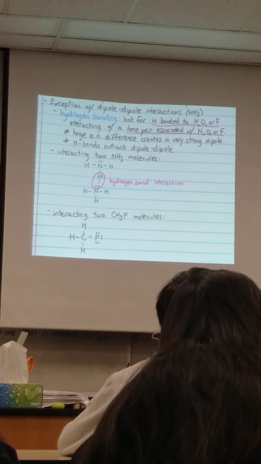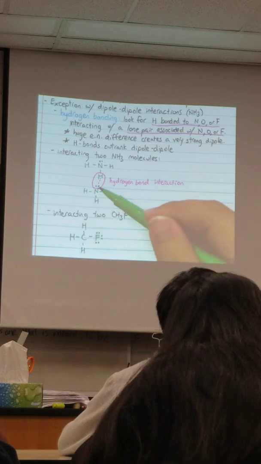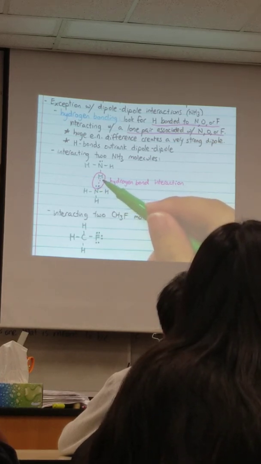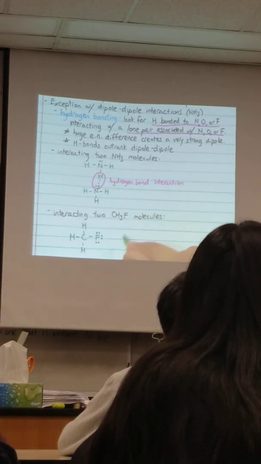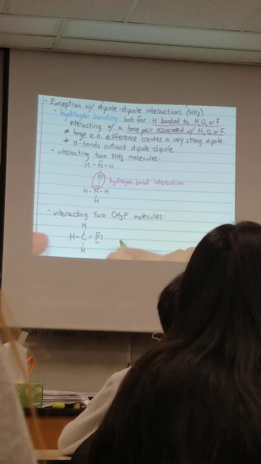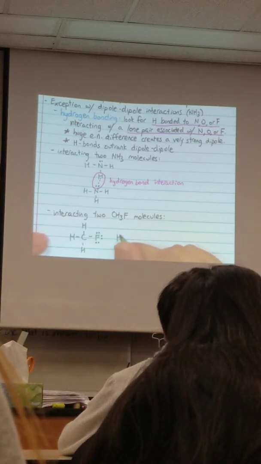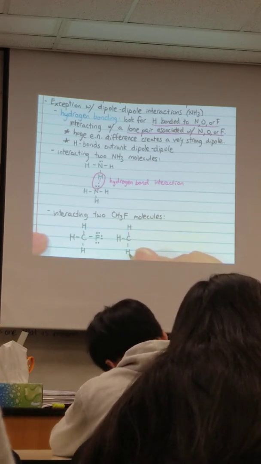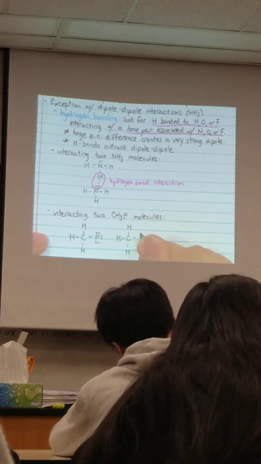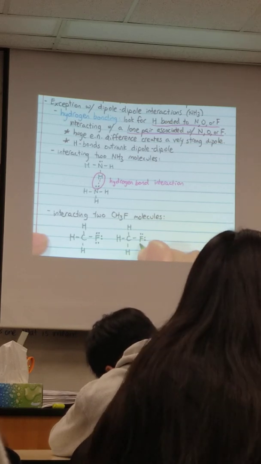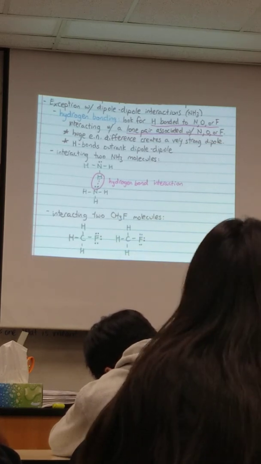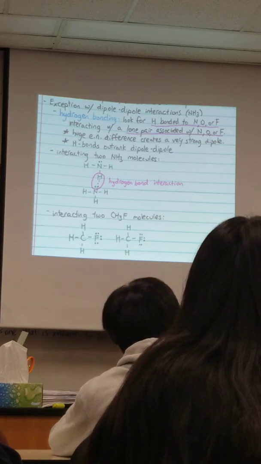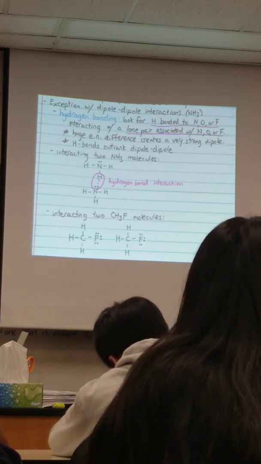Knowing that we need to interact a lone pair with a hydrogen, I'm going to draw the second CH3F molecule to the right, and I have the hydrogen here. In other words, draw the second one the same way. Again, we're looking at the two requirements.